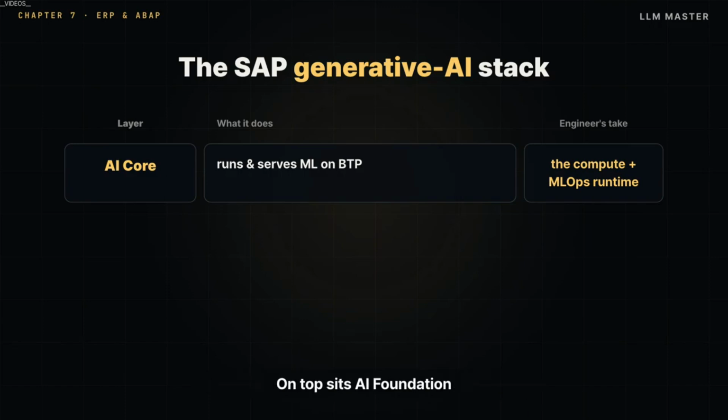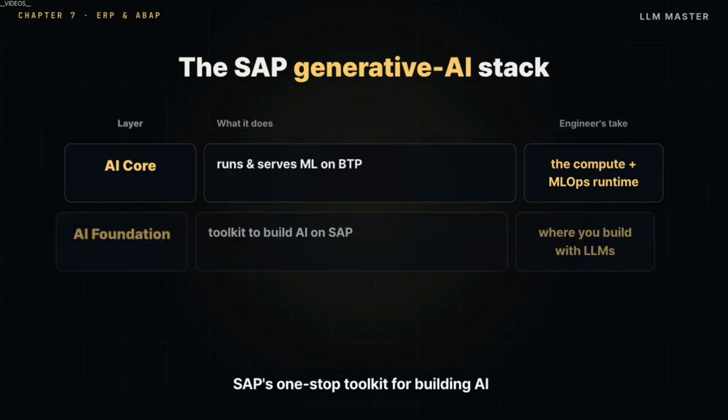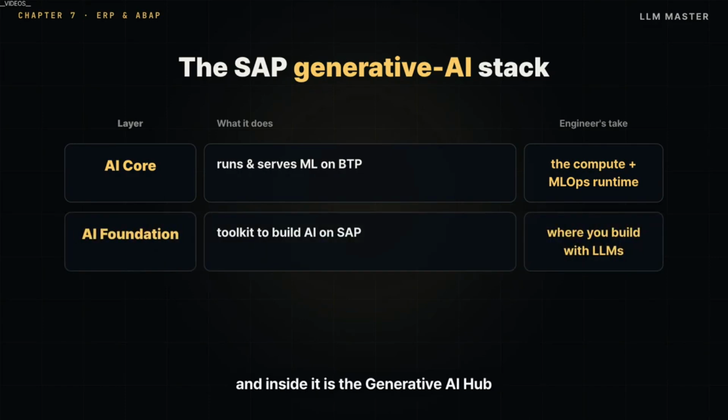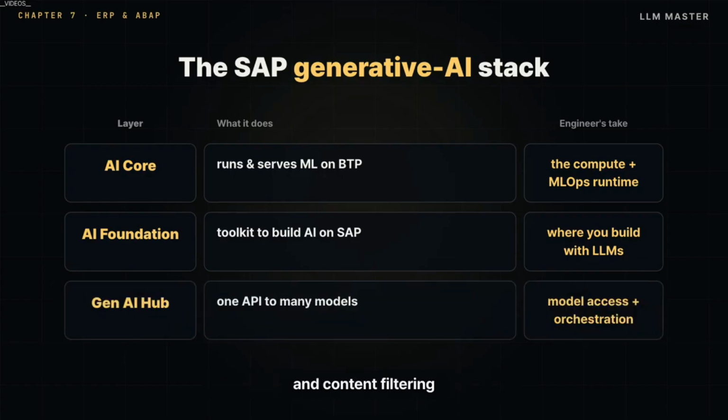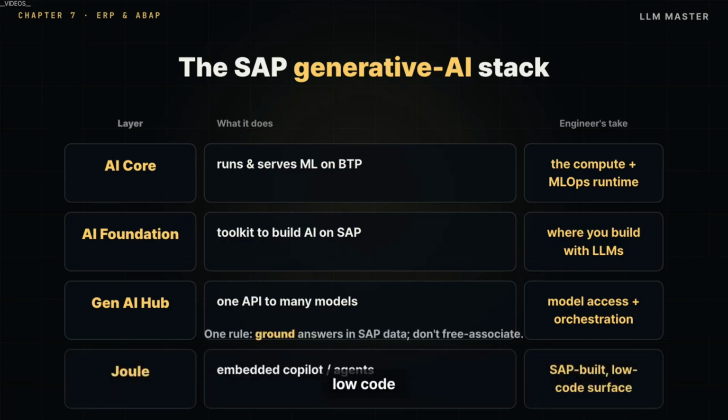On top sits AI Foundation, SAP's one-stop toolkit for building AI, and inside it is the Generative AI Hub, which gives you a single, consistent API in front of many foundation models from different providers, plus orchestration features like prompt templating, grounding, and content filtering. Then there's Joule, SAP's embedded copilot, a natural language assistant woven directly into SAP applications, and increasingly a place to build agents with low code.